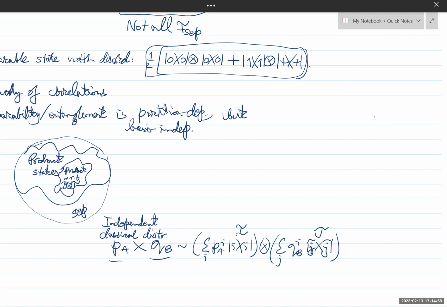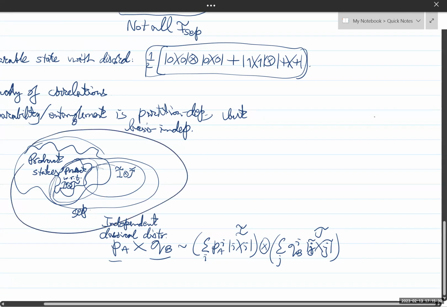Now, each of these things that are product in a certain basis would produce its respective convex hull. And then if you took the union of all of those, let's say some I tilde, J tilde, and so on, you would get essentially the set without discord, right?